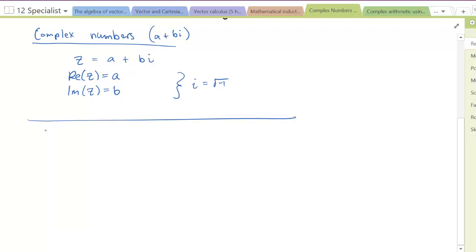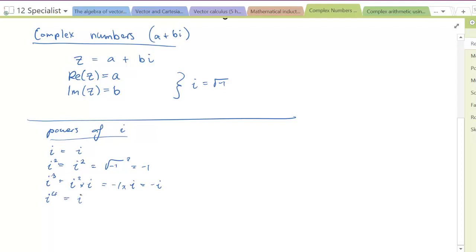We should know the pattern for the powers of i. So i in itself is just the square root of -1, so i to the power of 2 becomes i squared, which is the square root of -1 squared, which means it's just -1. i cubed is i squared times i, which will be -1 multiplied by i, and obviously that will be -i. i to the power of 4 is i cubed multiplied by i, so that will be -i multiplied by i, and that will be negative square root of -1 squared, and -1 times -1 gives us +1.